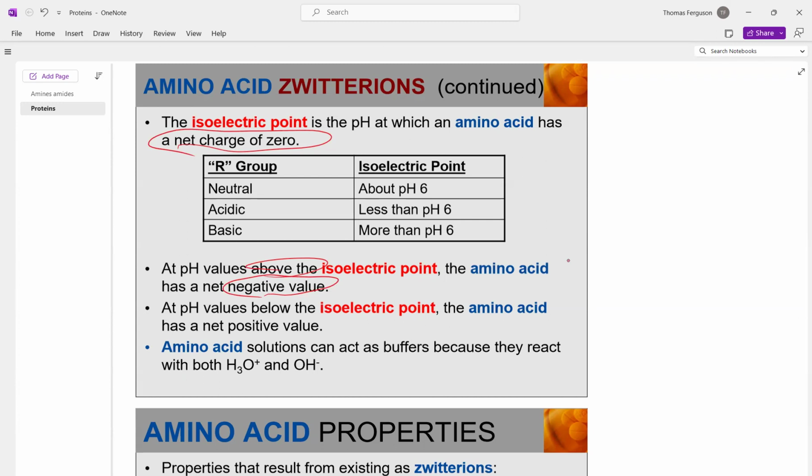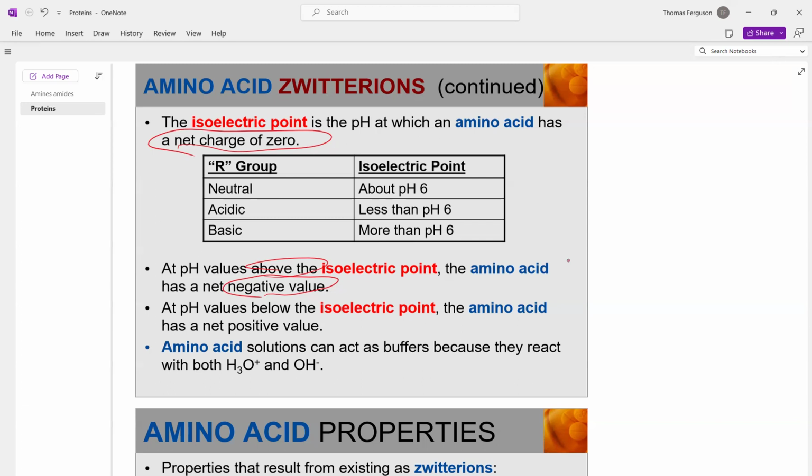So let's take casein, for example, in milk. Milk has a pH of around 7, pretty neutral. The isoelectric point for casein is 4. 7 is above 4, so that means that casein protein has a net charge of negative.